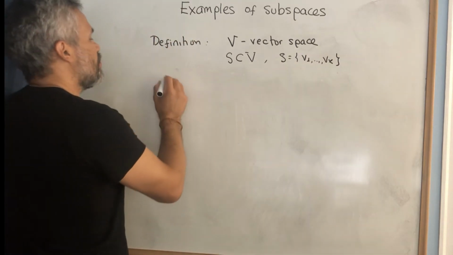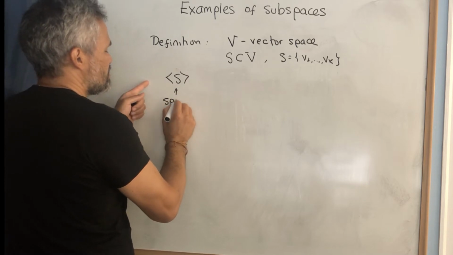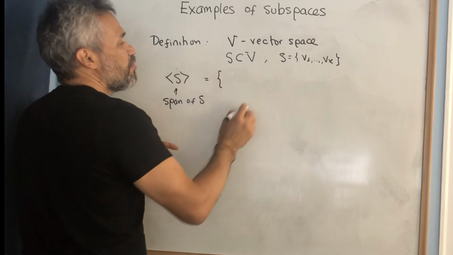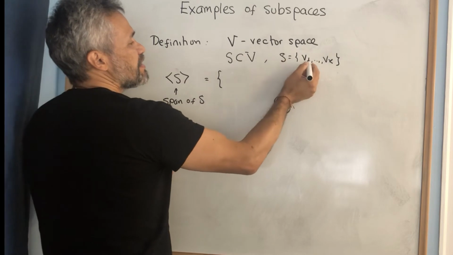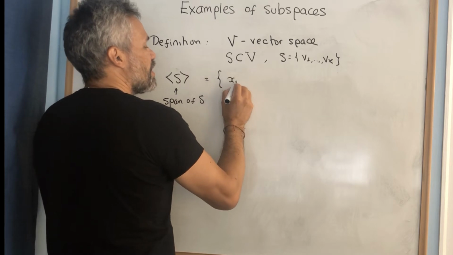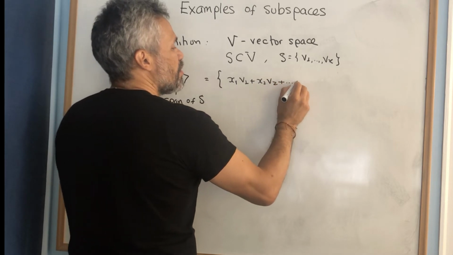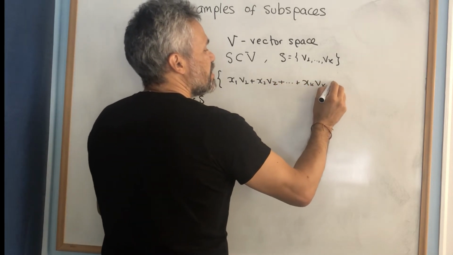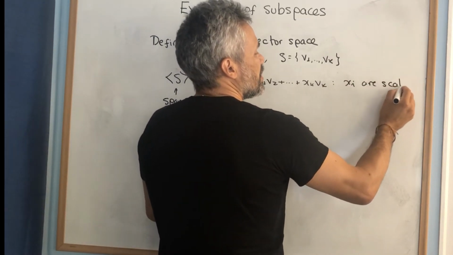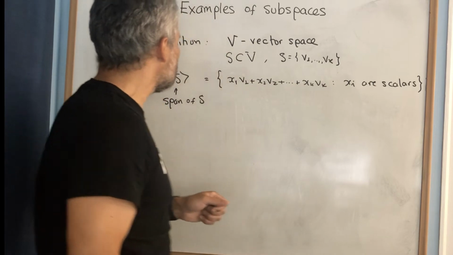Then we denote the span of S, and it's just the set of linear combinations of the elements in S. That means elements of the form x1 v1 plus x2 v2 plus up to xk vk, such that the xi are scalars. I write scalars because they could be the complex numbers or the real numbers.